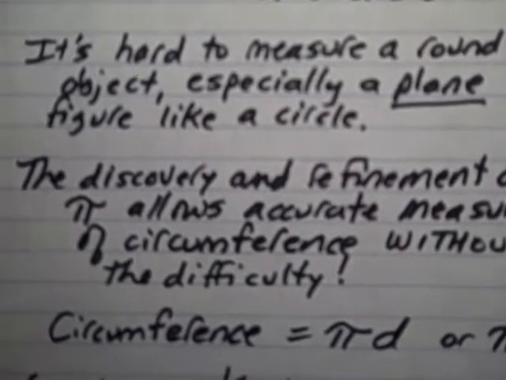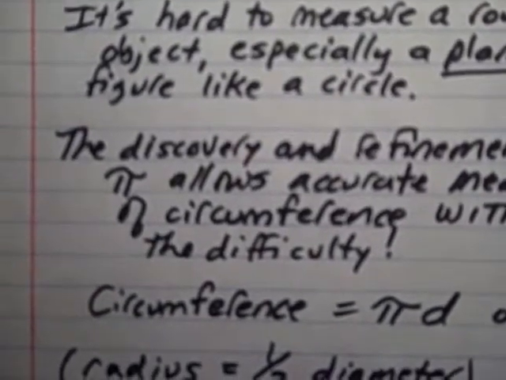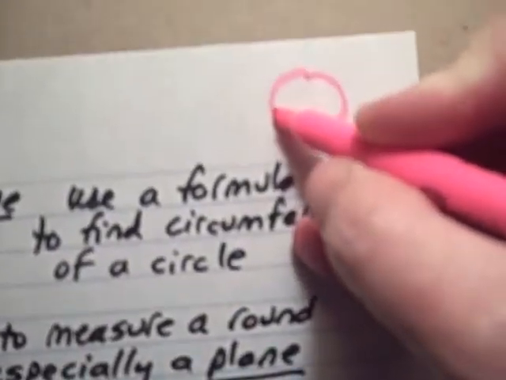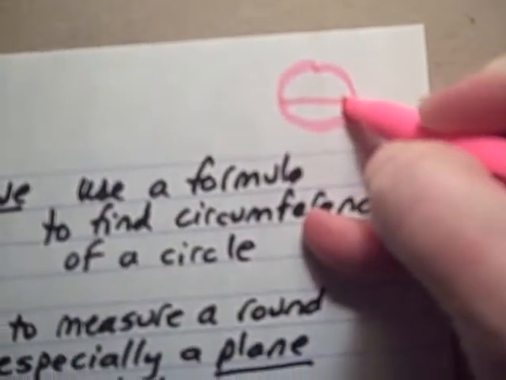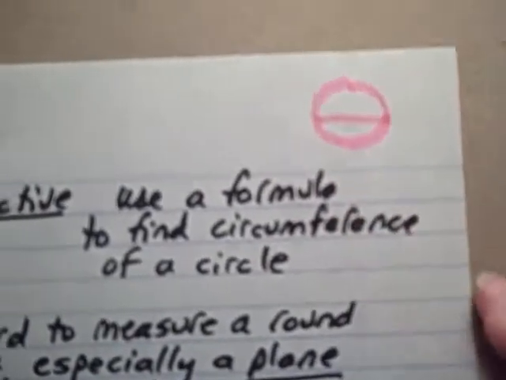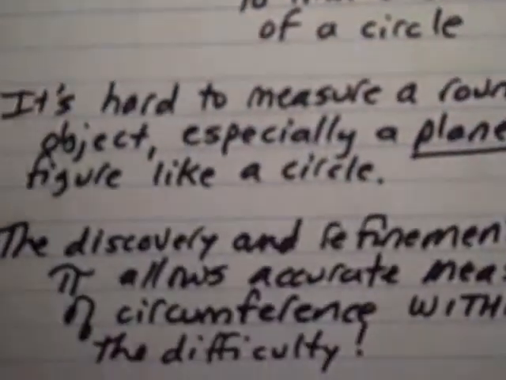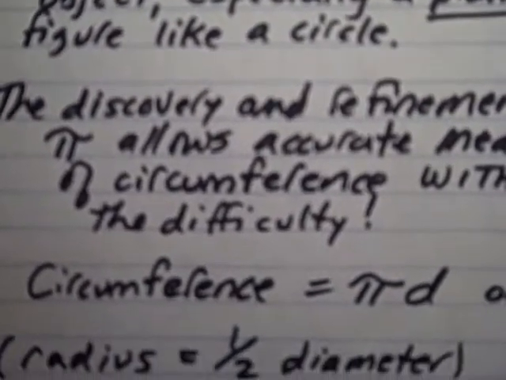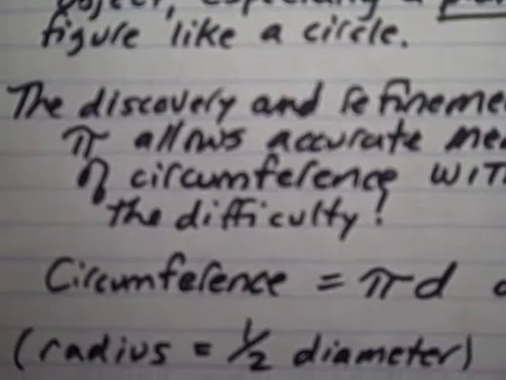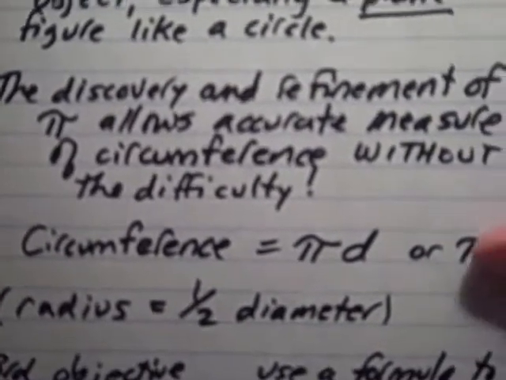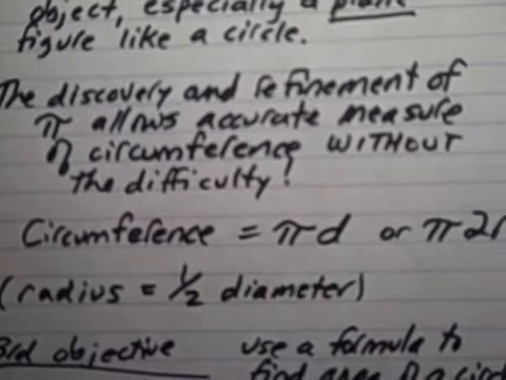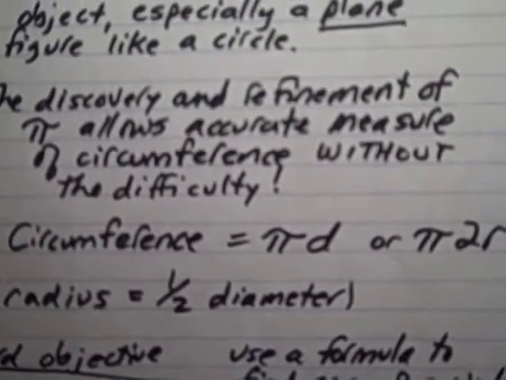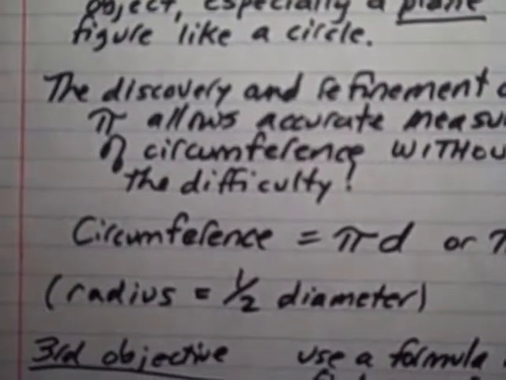All we have to measure is the diameter, the distance across the circle through its center, which is just a line segment that anybody can measure. Then the circumference is equal to pi times the diameter, or, if you're given the radius, 2 times pi times r, because the radius is half the diameter.